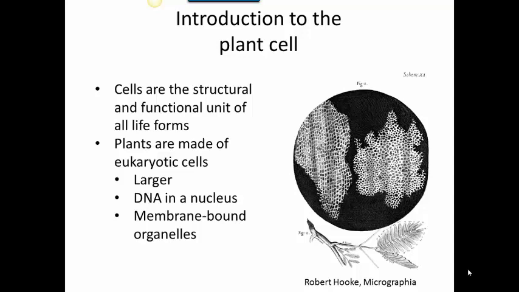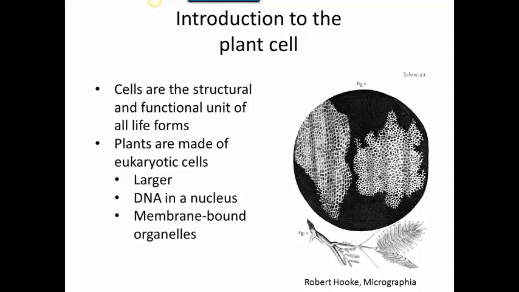And in this picture, what we see here is a micrograph that was hand-drawn by Robert Hooke in his book Micrographia. And this was the first time that most people on the planet got to see cells. So this is a drawing of plant cells, specifically their cork cells.